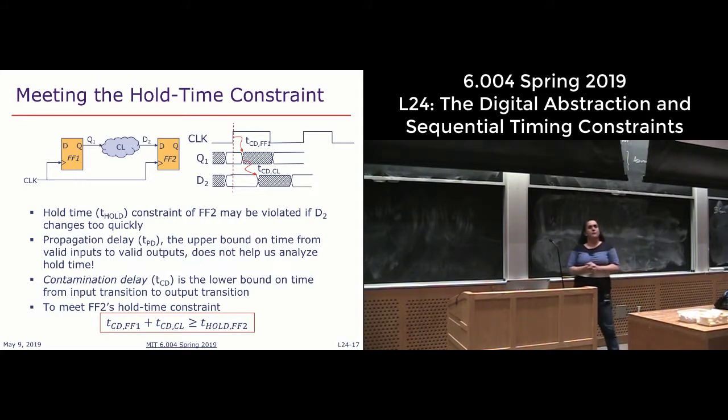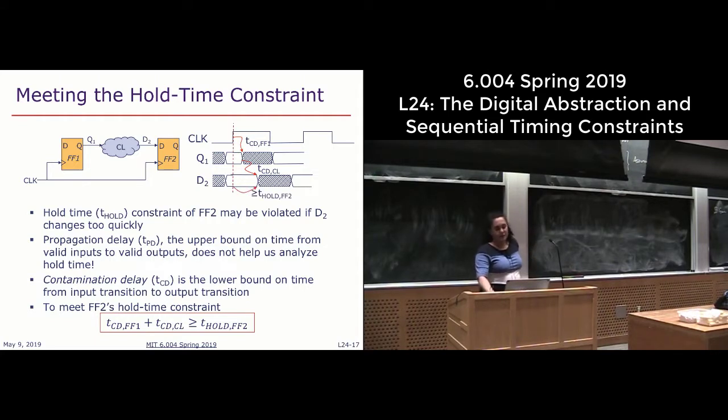Okay? So when it comes to t-hold, this is actually kind of complicated because there's nothing that we can do in order to change the value of t-hold. If I give you a circuit where the contamination delays are less than the t-hold of a register, the circuit's just not going to work. There's nothing you can do about it. It won't work.